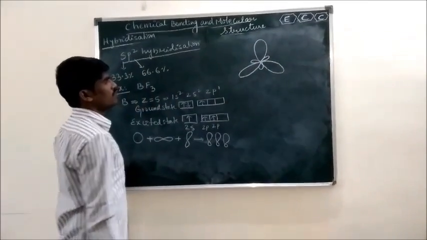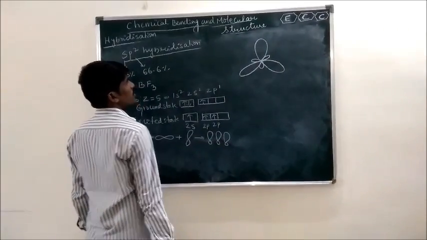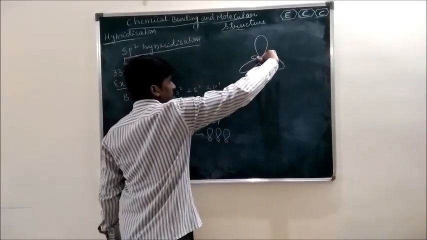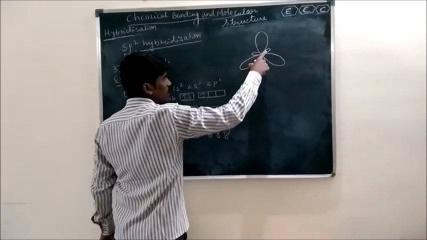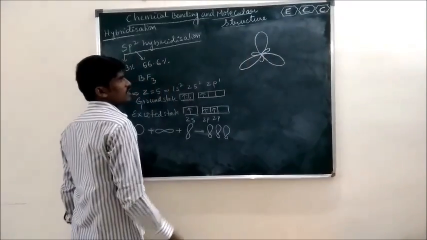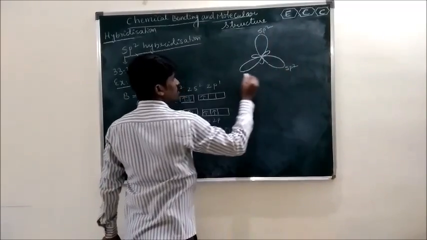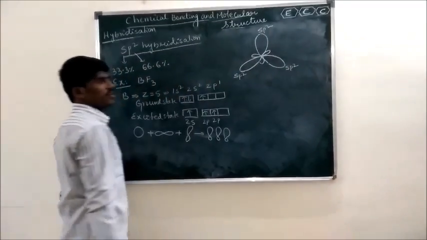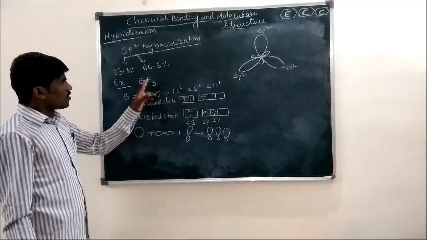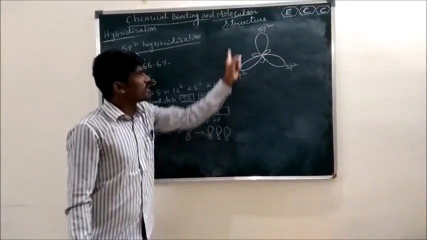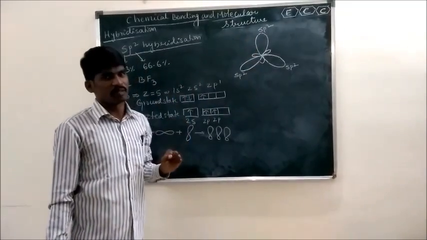This is how 3 sp2 hybrid orbitals are arranged. It is one sp2 hybrid orbital, a second one, and a third one, each with a larger lobe and a smaller lobe. All these 3 sp2 hybrid orbitals are of identical shape.